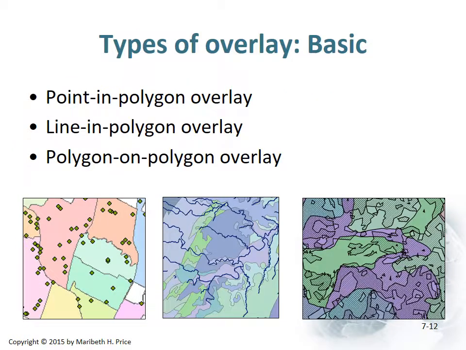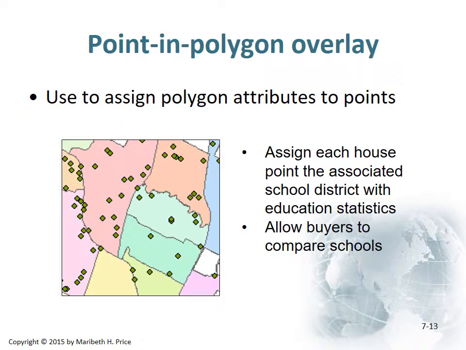So the things we can do with this idea of an overlay: point in polygon, line in polygon, or polygon on polygon. So the point in polygon overlay we use to assign polygon attributes to points. So here each point on the map is a house, and within school districts.